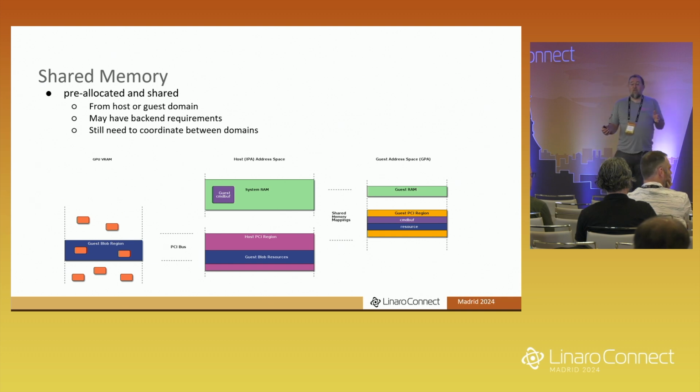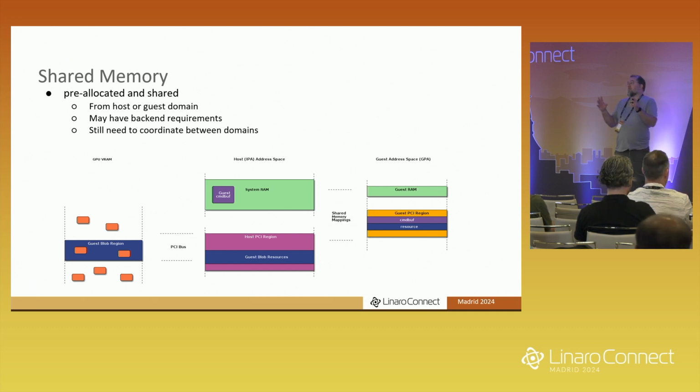For example, for a GPU, you might not be able to use memory in any arbitrary place in your physical address space. You need it to be, for example, in the GPU's VRAM. There may be additional host requirements required by the back end. So you might need to have, for example, textures aligned to a particular boundary.